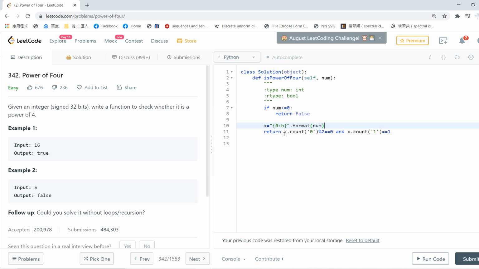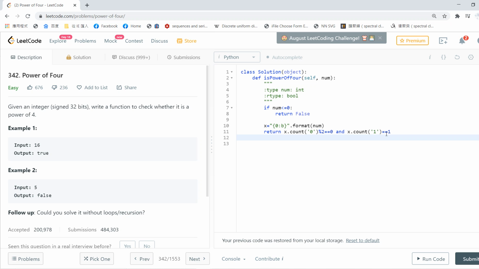So the only possible case is that you count how many 0s there are. Since it's a power of 4, the number of 0s must be even, and the first digit must be 1, with only one 1 and the rest 0s.